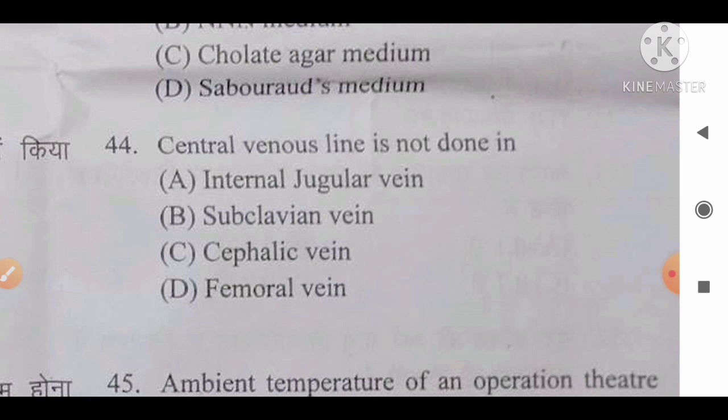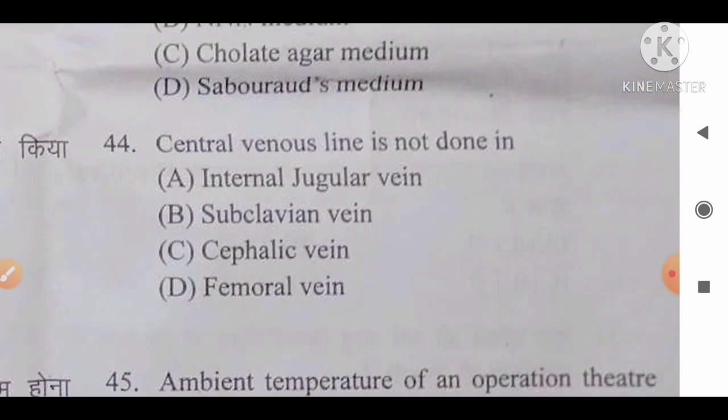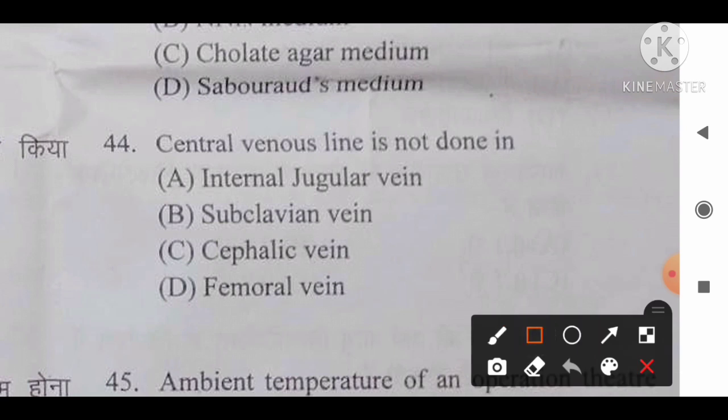The fact available regarding this question is that a central venous line, also called a central venous catheter, is a tube that a doctor places in a large vein in the neck, chest, groin or arm to give fluid or medication or for test purposes. The veins used are the internal jugular vein, subclavian vein, and most commonly the femoral vein. It is the cephalic vein that is not used for the central venous line. So option C will be the correct answer for this question.